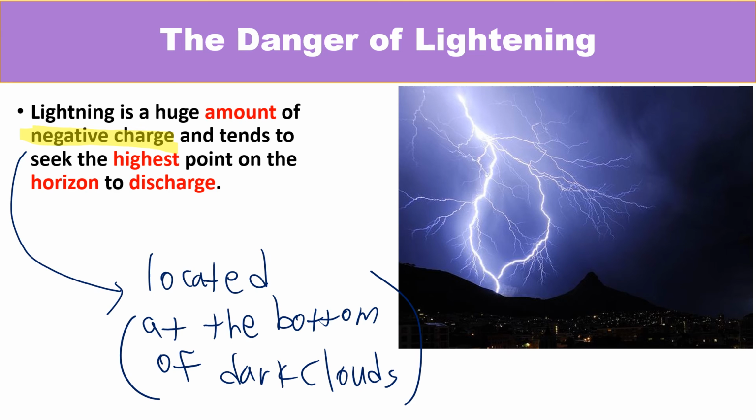Highest point, when I mention the highest point, I mean the tallest and pointiest. This is one of the reasons why really tall trees sometimes get lightning, and that causes mountain fires and forest fires, or really tall buildings always have a lightning rod.